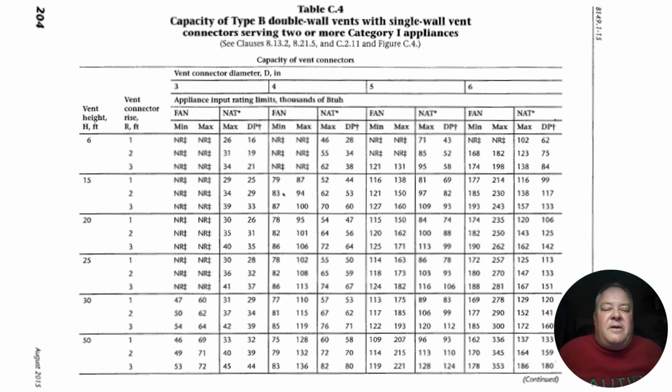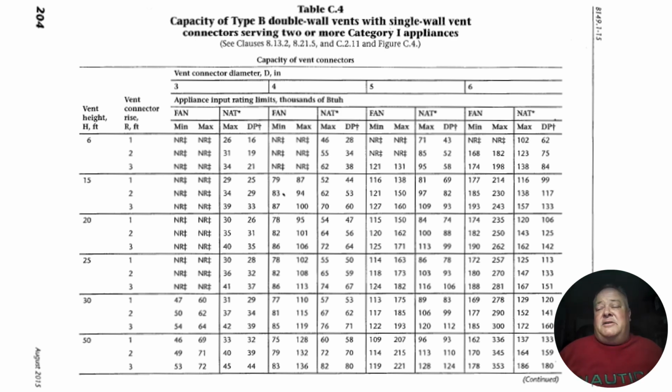Remembering that our old friend B vent, or double wall vent connectors, are way better at getting the heat out and having the vent system work. If we turned that single wall vent connector into a double wall vent connector, we would be able to use B vent in place of C vent, which gives us a much, much wider range of BTUs that can go into a vent system like this.